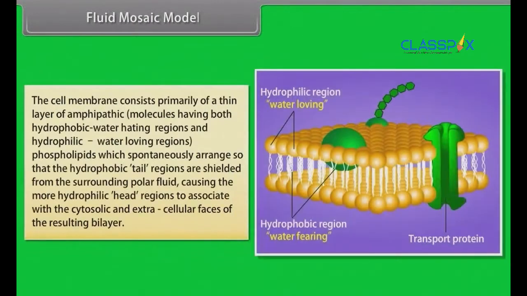The cell membrane consists primarily of thin layer of amphipathic molecules having both hydrophobic, water-hating region, and hydrophilic, water-loving regions, phospholipids which spontaneously arrange so that the hydrophobic tail regions are shielded from the surrounding polar fluid, causing the more hydrophilic head regions to associate with the cytosolic and extracellular phases of the resulting bilayer.